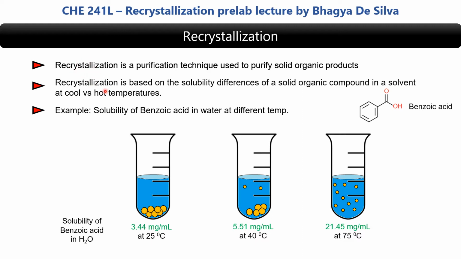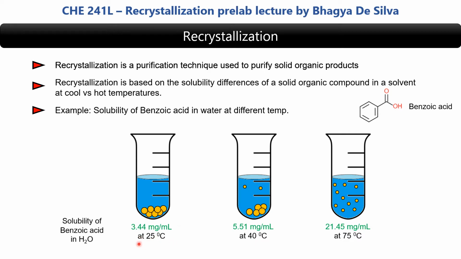This technique is based on the solubility differences of the solid organic compound in a solvent at cold versus hot temperatures. Let's take the solubility of benzoic acid in water at different temperatures as an example.